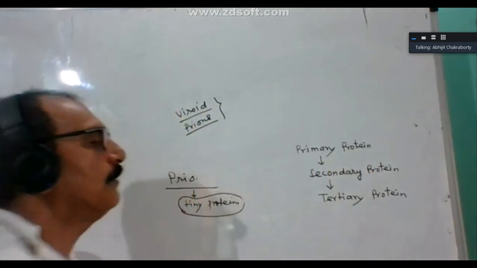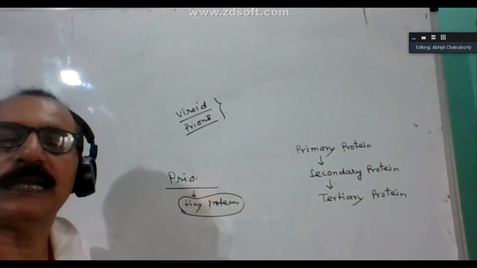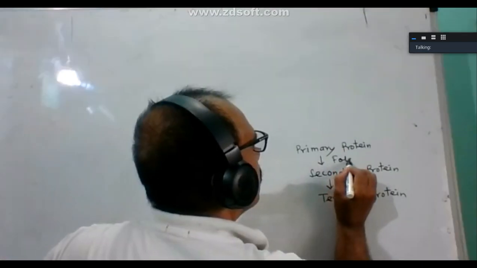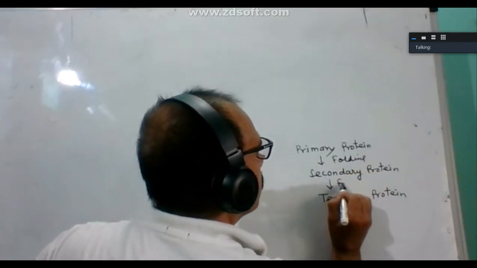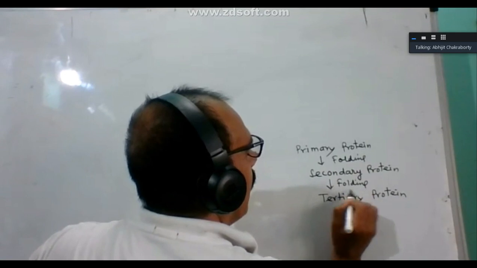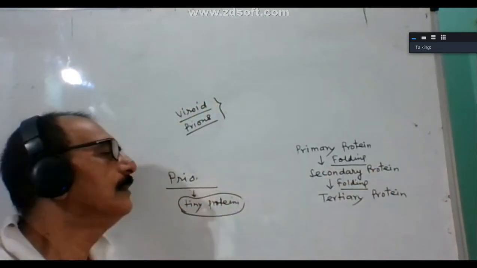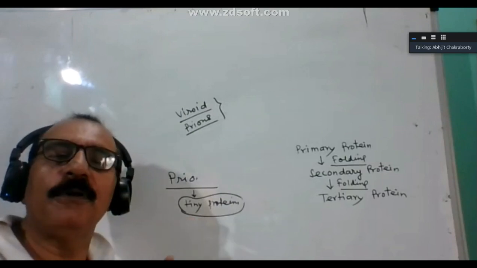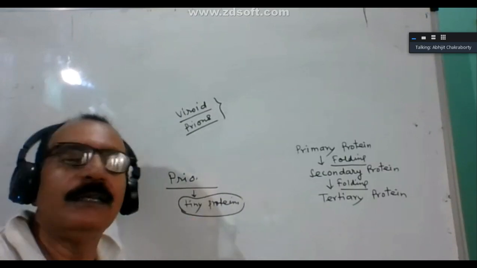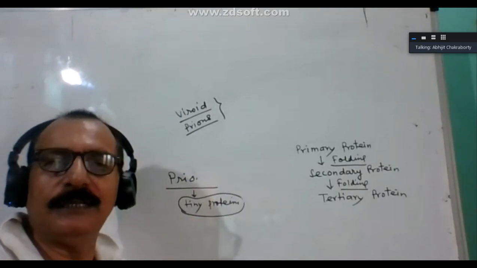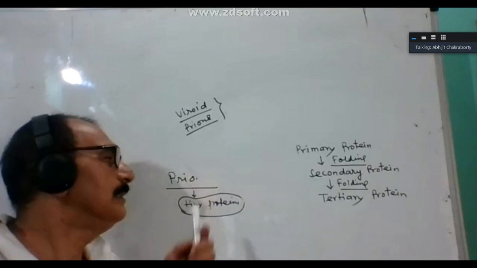You see, during this transformation from primary to secondary to tertiary, there is folding. Folding is going on. And during this folding, some more bonds are developed. If somehow this folding is not a proper folding, or due to misfolding, some prions are developed.